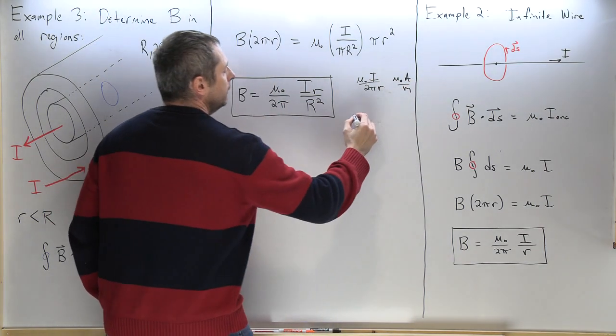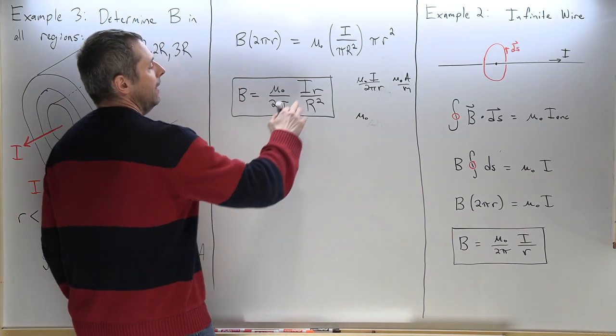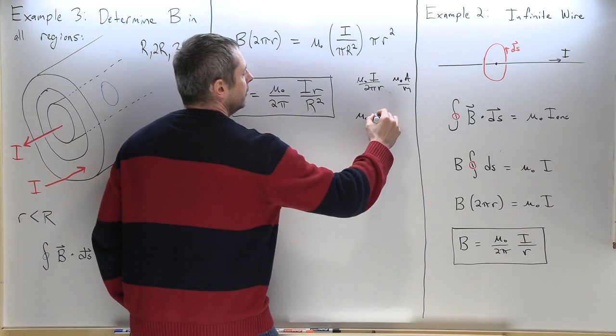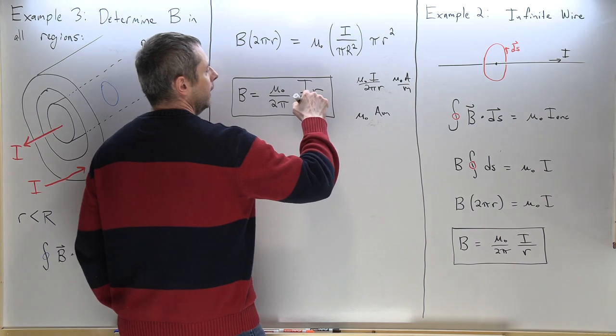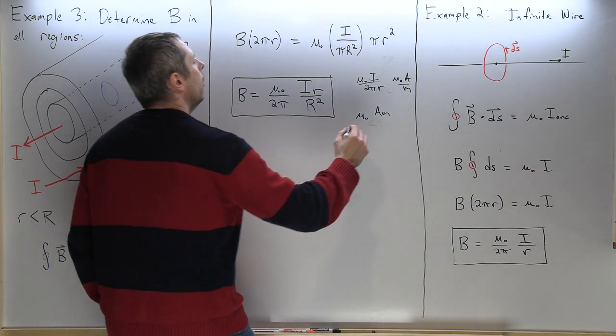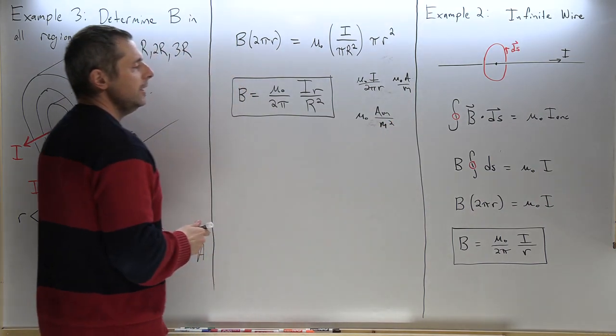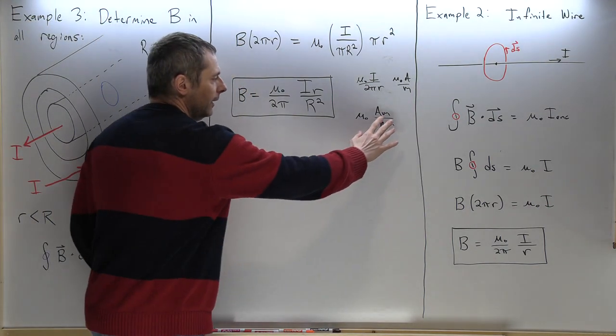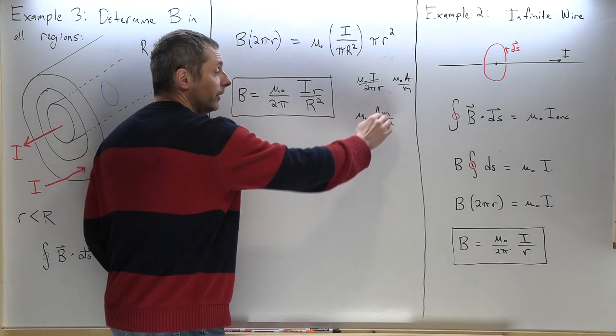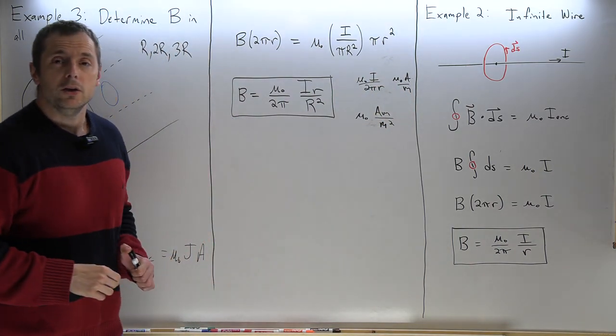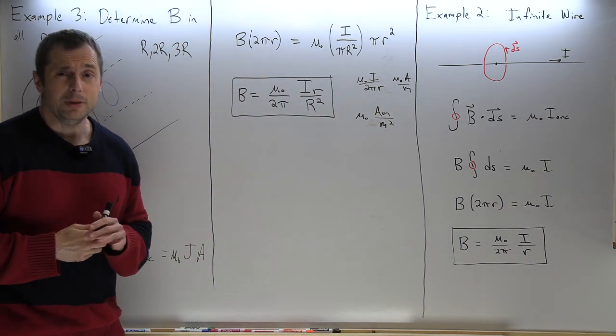We've got our mu 0, good. Then we've got amps times meters on the top, I times radius, all over meters squared on the bottom. And you see that the meters squared on the bottom and the meters on top, so we just have mu 0 amps over meters. We have the right units, so our formula appears to be correct.